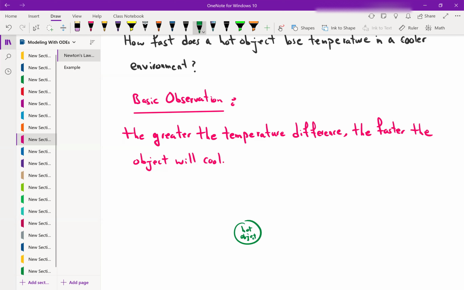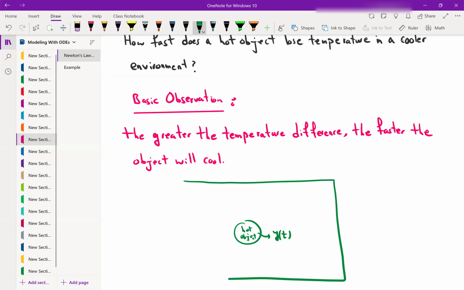Right? And let's call the temperature y of t. This is the temperature at time t. This hot object, our coffee mug, is cooling off in a room whose temperature we denote by T naught.